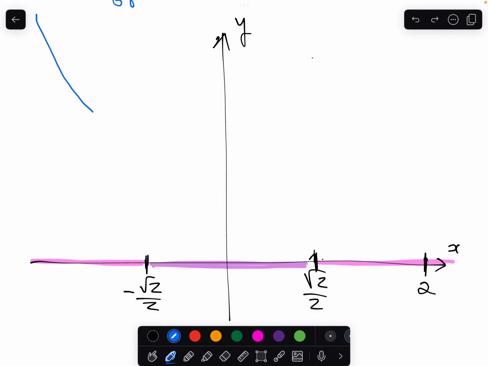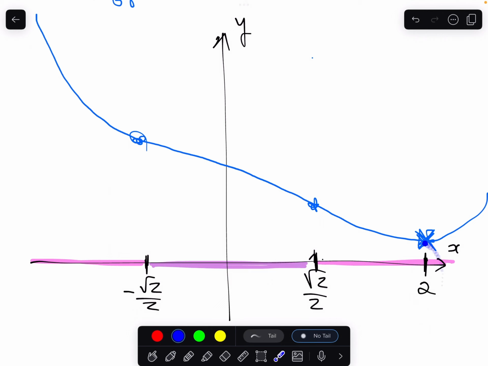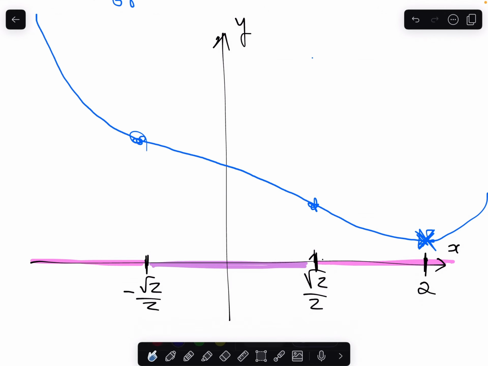Concave down, okay, and then a slow switch to concave up, and our turning point is over there, right? And point of inflection over there, point of inflection over there. Okay, so really all we care about is the fact that this is a minimum turning point. So this expression has its smallest value when x is equal to 2, right?